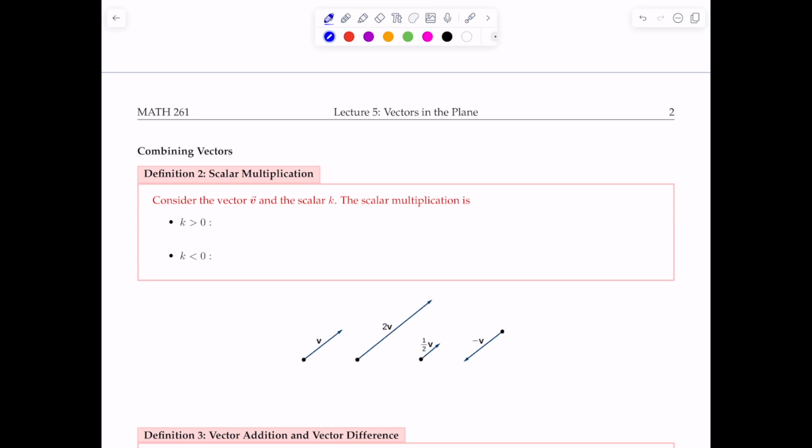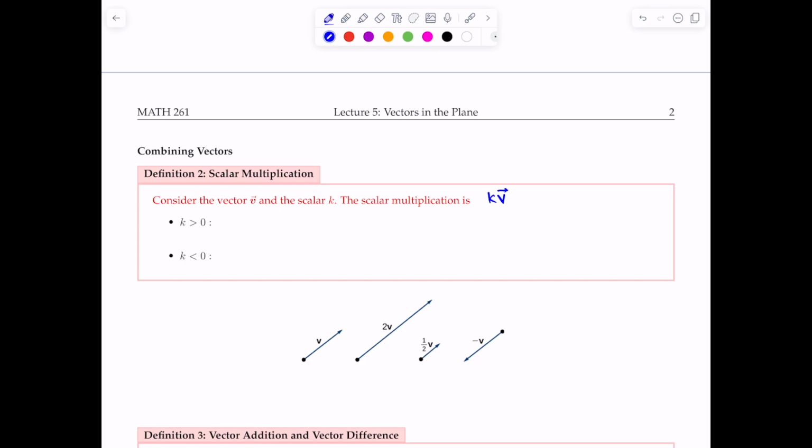For scalar multiplication, let's consider the vector v and the scalar k. The scalar is just a constant, either a positive or negative number. The scalar multiplication of a vector is written as k times v. Depending on the value of k, you can have different behavior on the new vector.